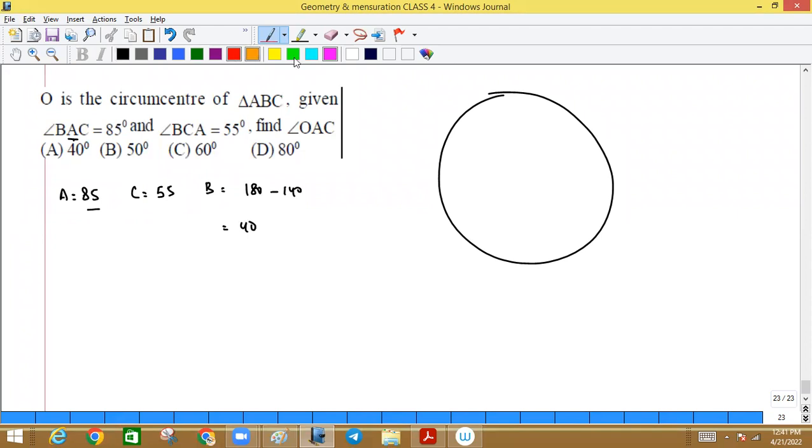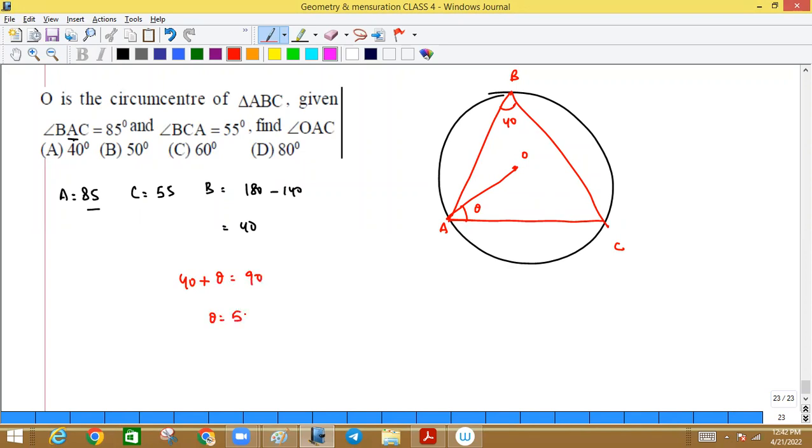So I'm taking angle B here. This is 40. Can you tell me OAC? I told you 40 plus theta is 90 degrees. Therefore, what is theta?